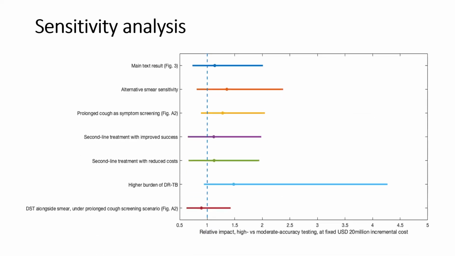In the sensitivity analysis, the sensitivity of smear microscopy was varied from 25 to 75%, that is, 25% for smear negative and 75% for smear positive. The treatment success rate was varied between 50 and 75%, and the second-line treatment cost was reduced by 50%.